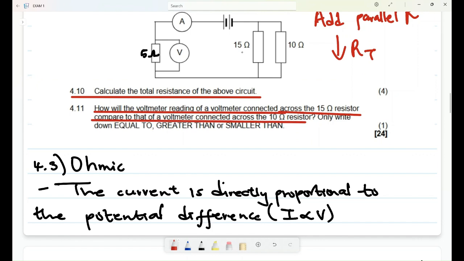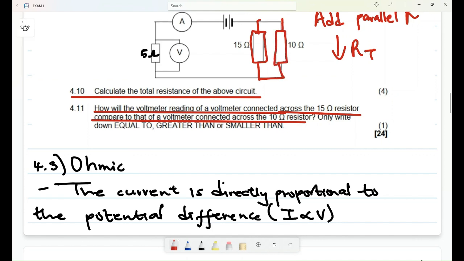All right. Now they are saying how will the V here compare? Compare the voltage between these two branches. Actually, that's what the question is asking us. But we know that if resistors are connected in parallel, what happens to their voltage?